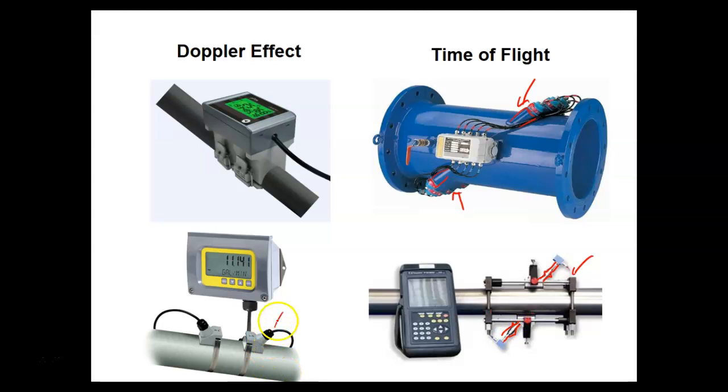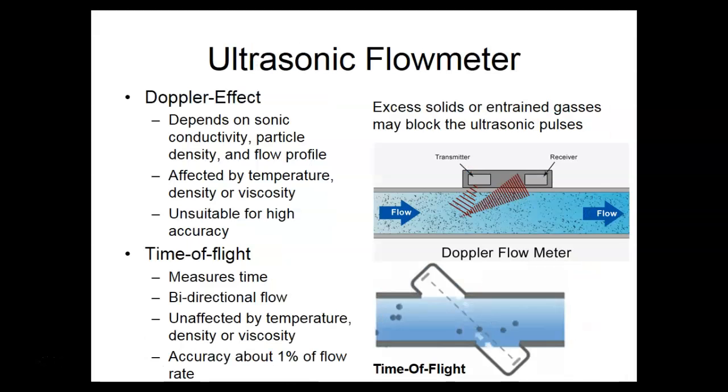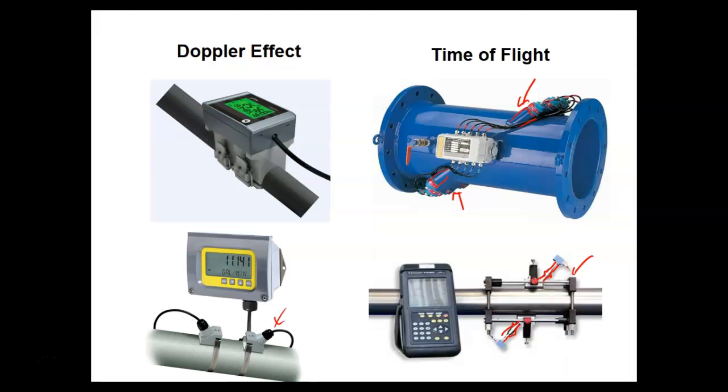And this would be Doppler. So with Doppler, the transmitter and receivers are going to be on the same side of the pipe, and they're going to be mounted perpendicular. And then the time of flight, these are going to be mounted at about a 45-degree angle.